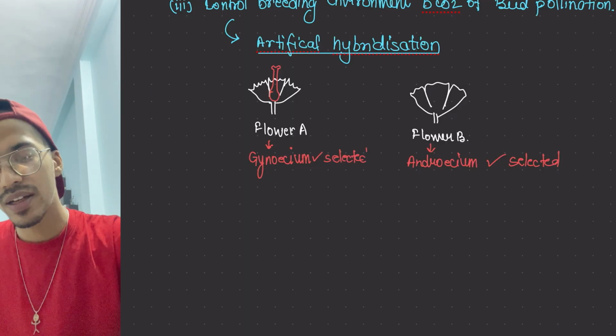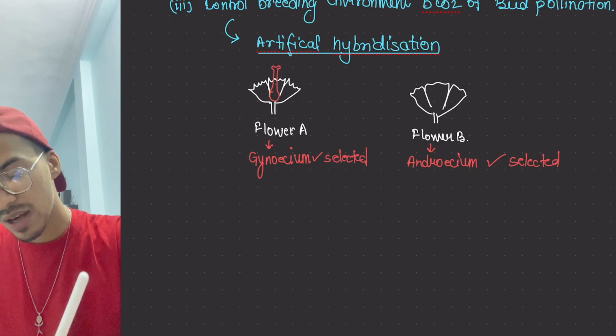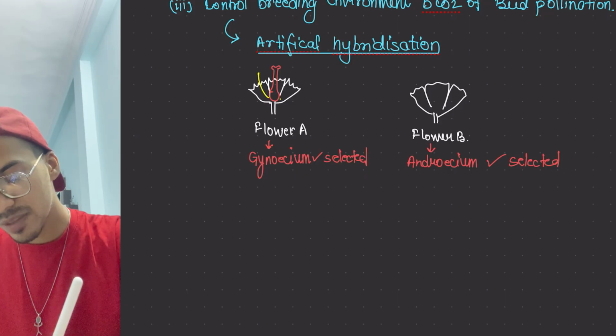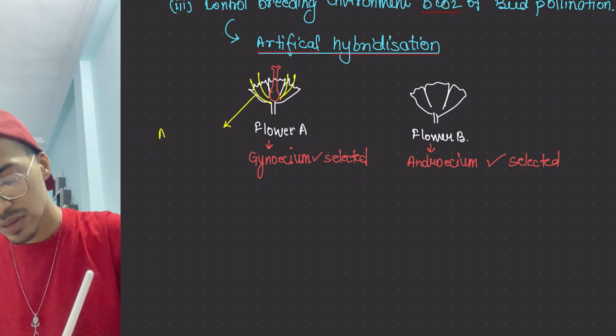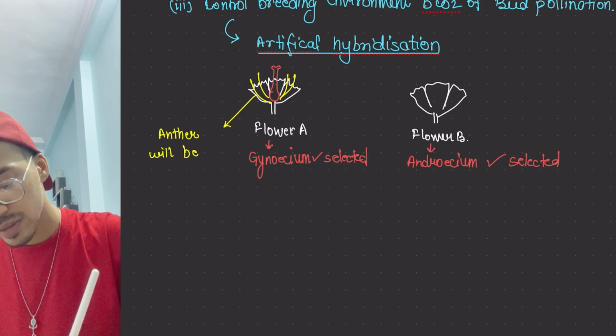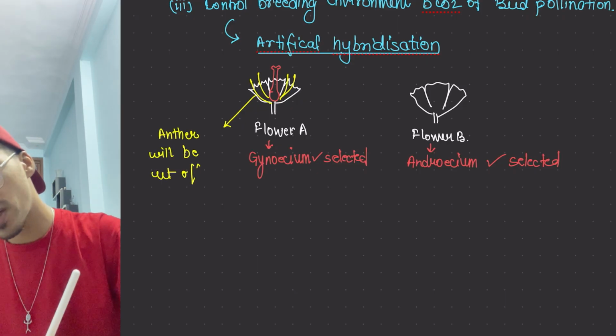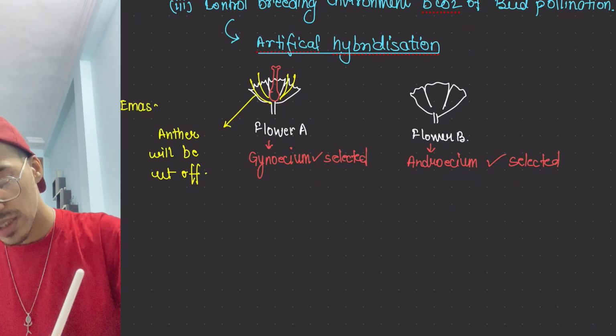Now this plant might have the anther present, so the anther will be cut off. This process is known as emasculation.